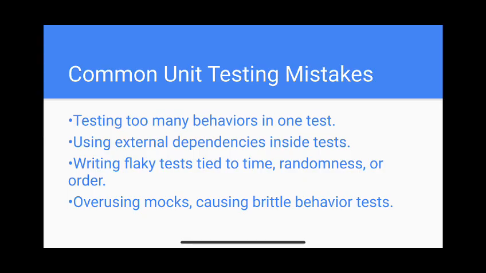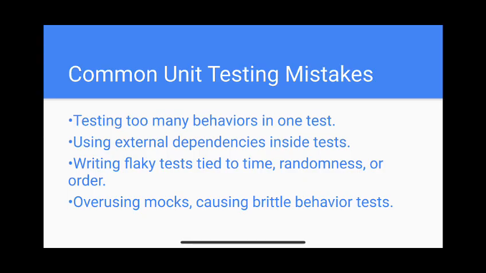Another common mistake is using external dependencies, hitting real databases, APIs, file systems, or networks. This will slow the tests and cause non-deterministic behavior. And it violates the unit test isolation rule.